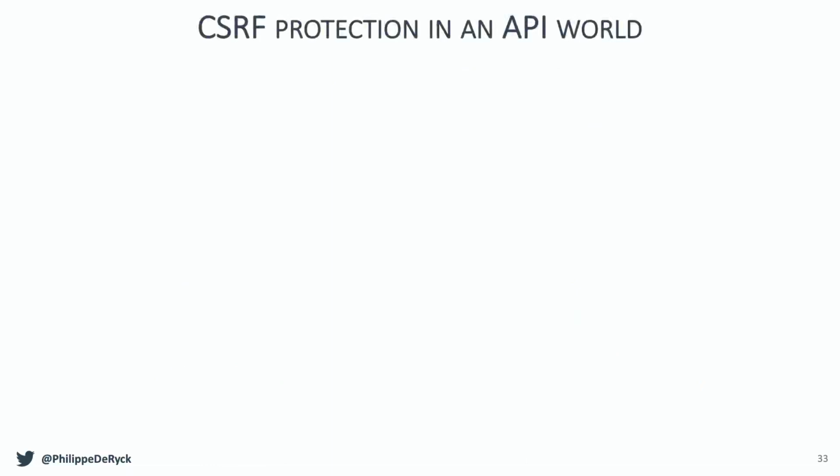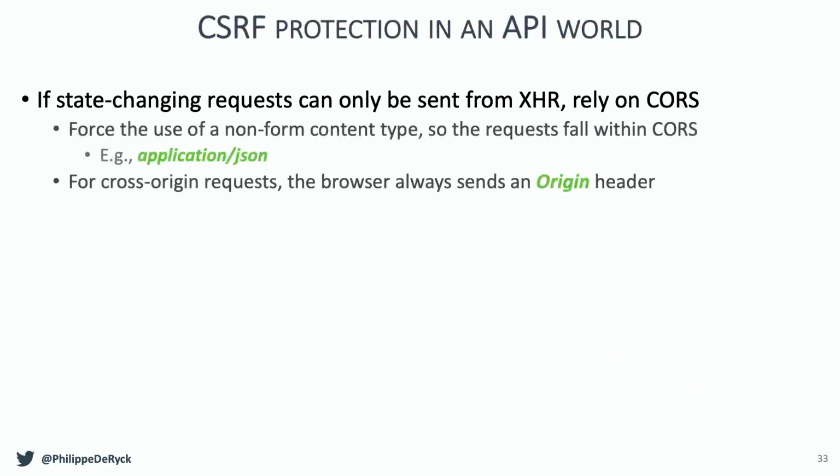I'm going to talk about some solutions. If you have an API that's only accessible with XHR, CSRF is not that bad of a problem. But you need to make sure that it falls under the restrictions of CORS. And CORS essentially governs how cross-origin requests can be sent from the browser. So if you have an XHR request that uses something that can never originate from an HTML element, such as the content type application/json, nothing can send that except JavaScript.